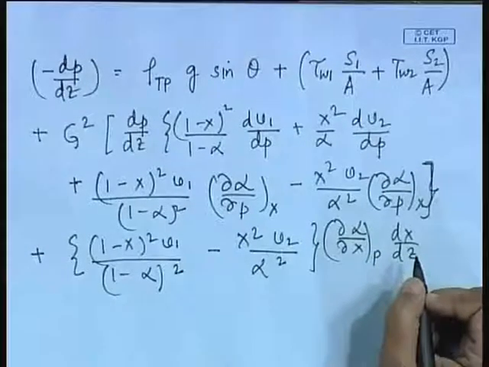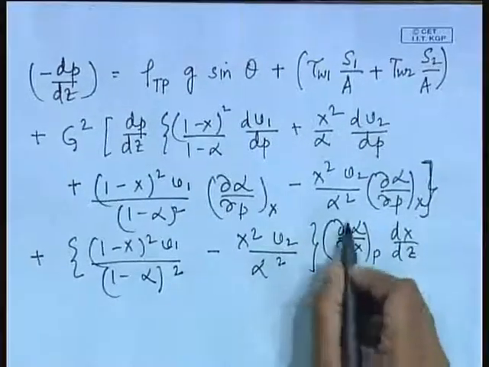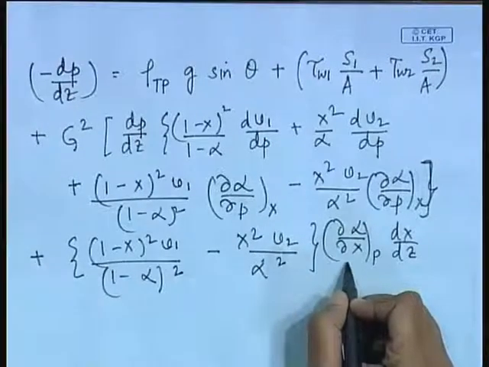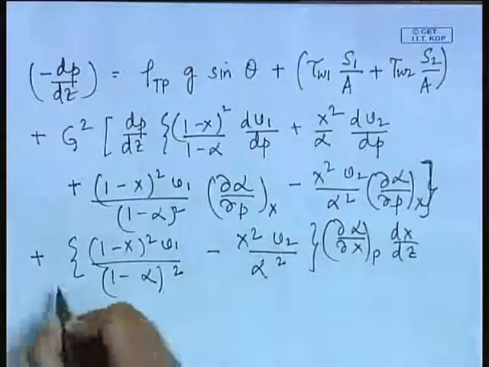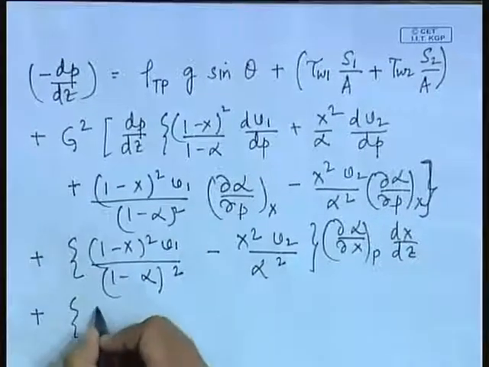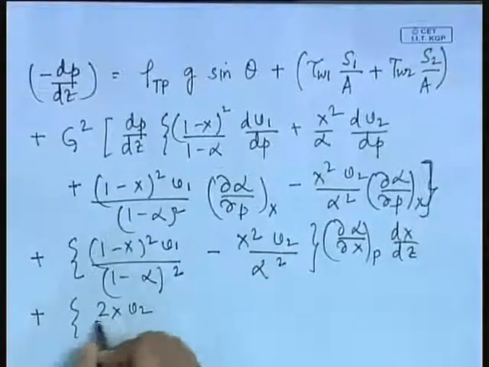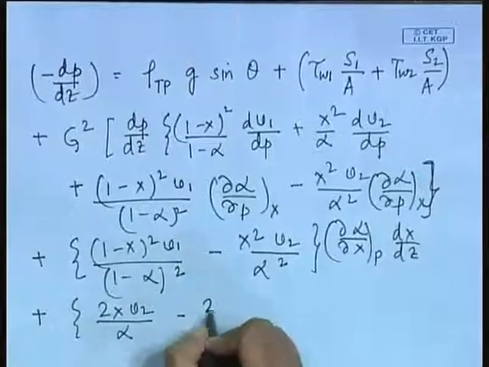The terms containing dx dz and del alpha del x at constant p, plus we have 2x v2 by alpha minus 2.